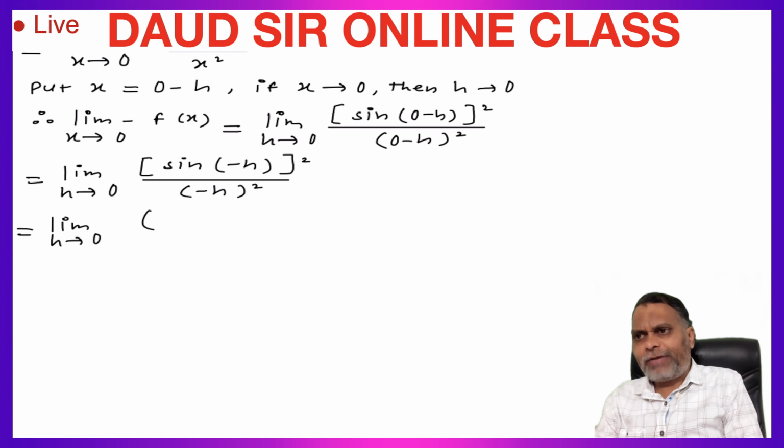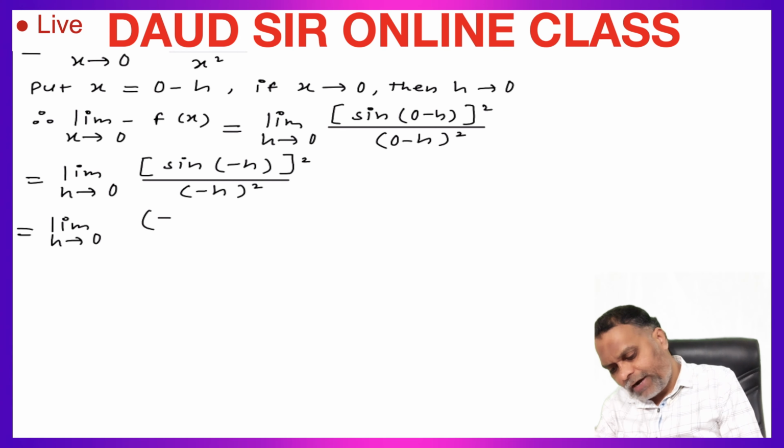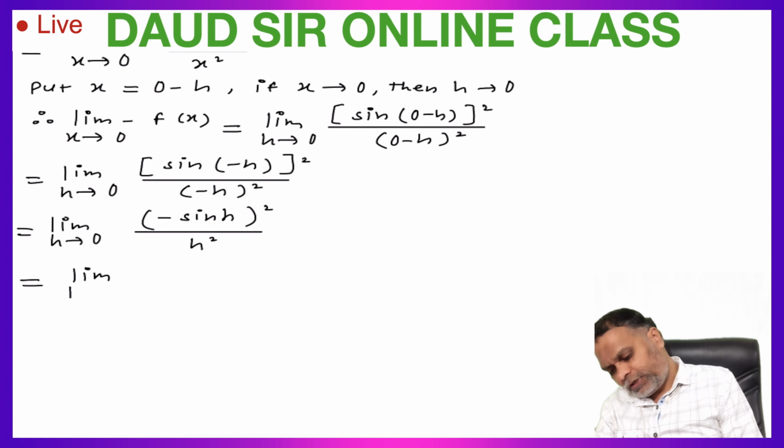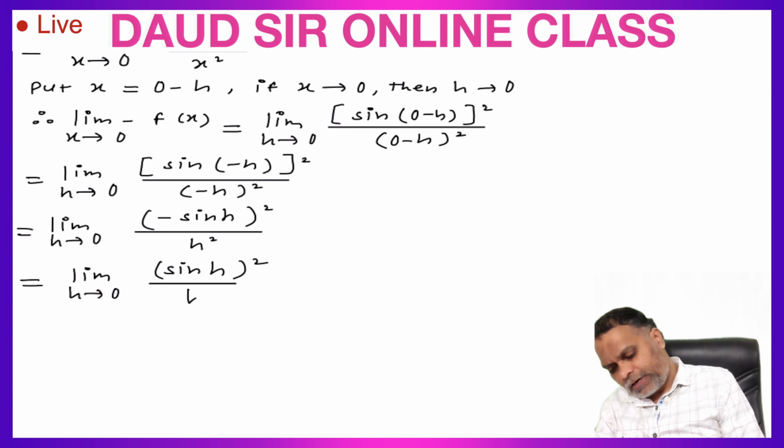Sine minus theta lies in fourth quadrant, and in the fourth quadrant cos is positive, sine is negative, so minus sine h whole square upon minus square plus h square. Limit h tends to 0, minus square plus, this is sine h whole square upon h square.